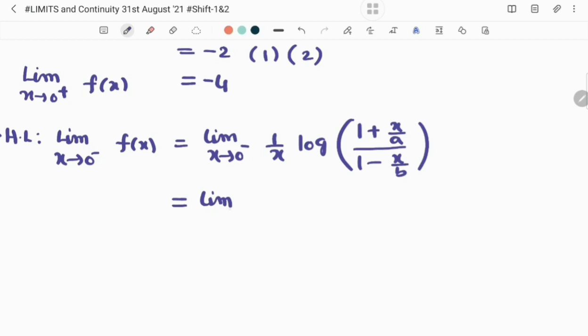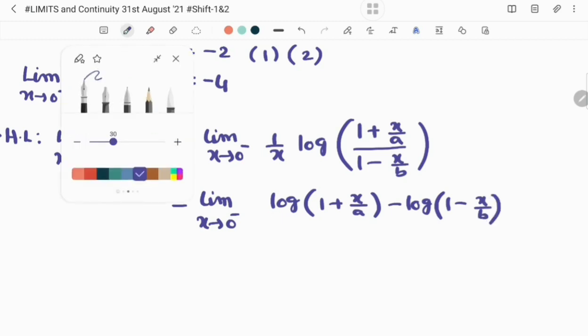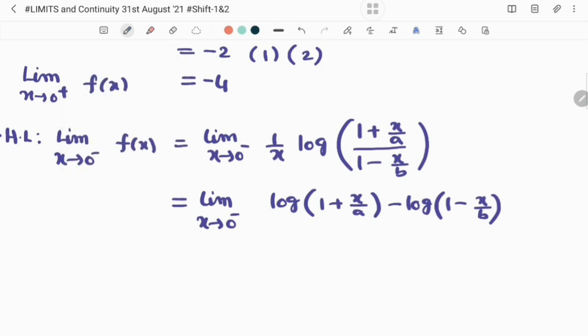So limit x tends to 0 minus, this can be done as log of 1 plus x by a minus log of 1 minus x by b. By using the formula I am writing, we are expressing log a by b as log a minus log b.